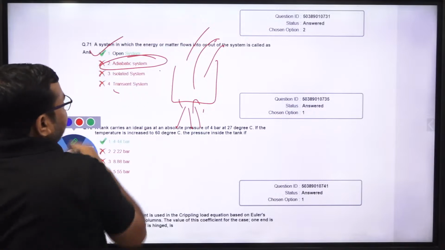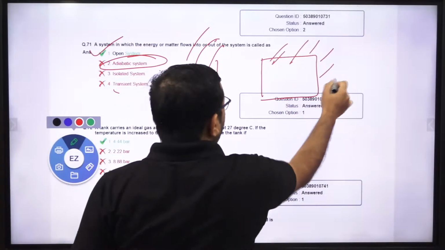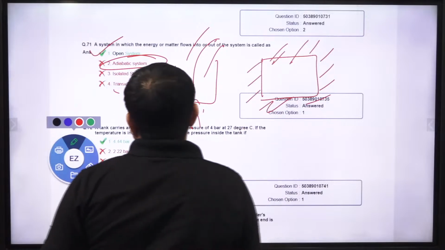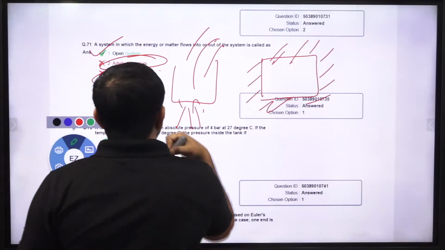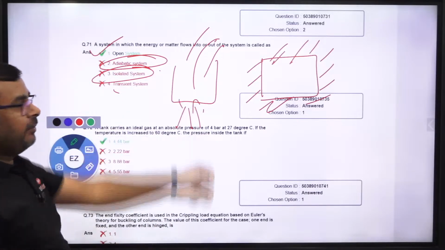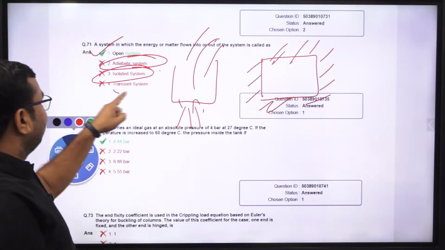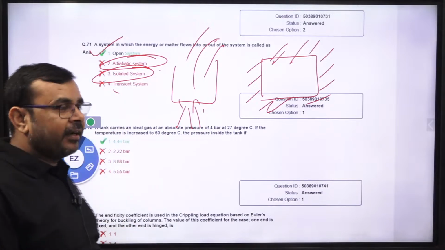In adiabatic system, heat cannot be transferred, and in isolated system neither mass nor heat can transfer. In transient system the energy can transfer only.